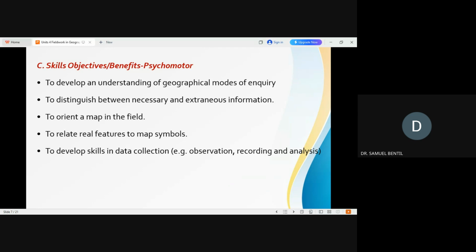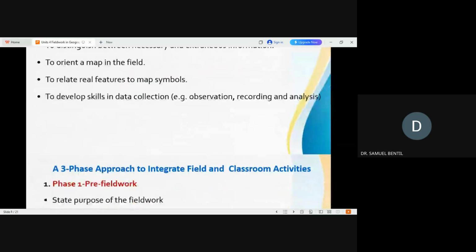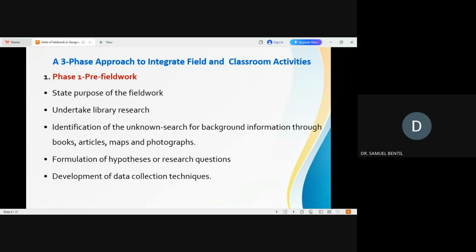So these are the benefits of fieldwork and its use. If you want your learners to develop all these, encourage them to go for a field work activity.